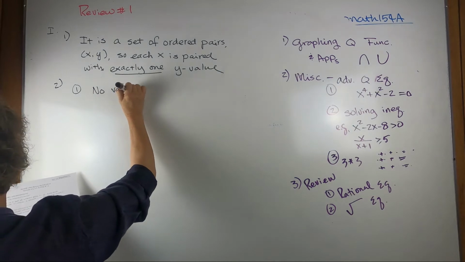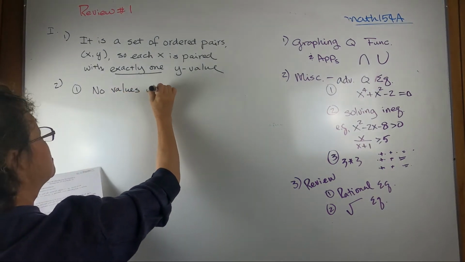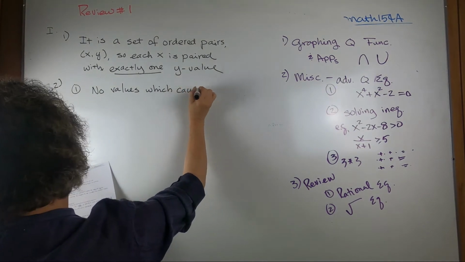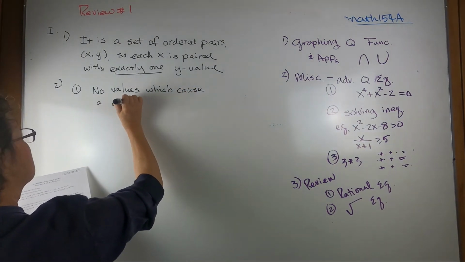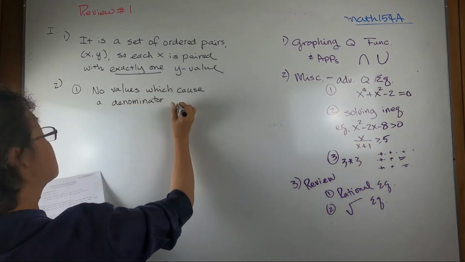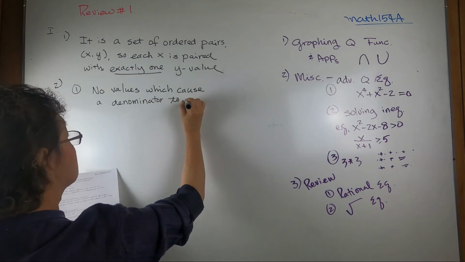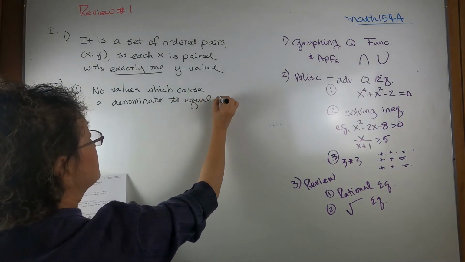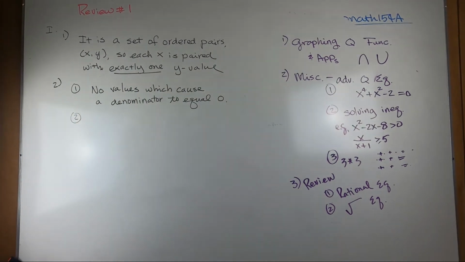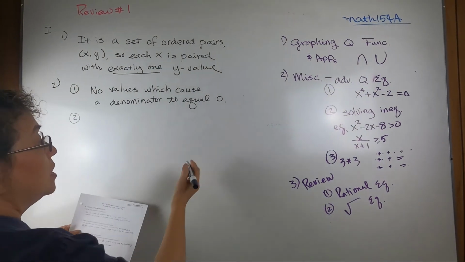No values which will cause a denominator to be 0. That means you cannot have 0 for the denominator.